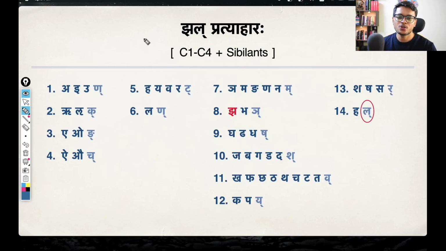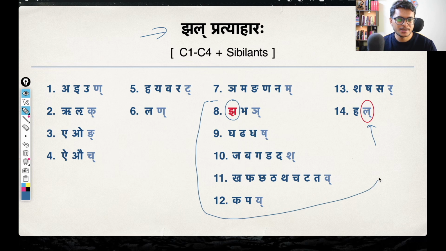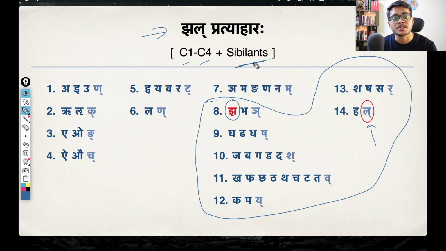And then lastly, we also see this Pratyahara, Jhal Pratyahara. Jhal. So let us see. We are starting from this Jha available in the 8th Sutra and we are going up till this La. So you can clearly see that this entire group of letters, Jhal, is representing C1 to C4 plus the sibilants. So basically it is representing all the consonants except the semi-vowels and except the Anunasika.